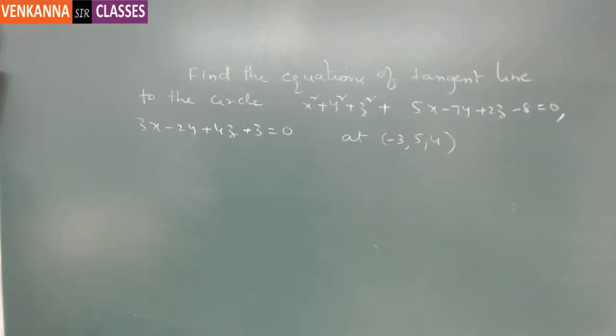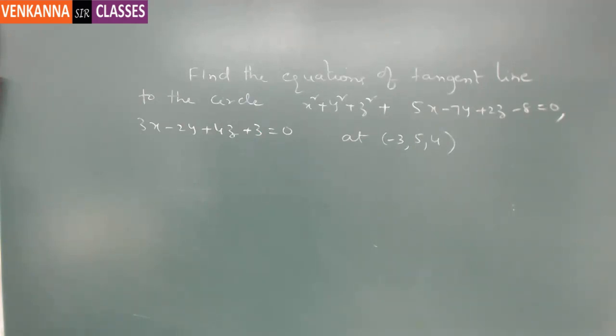Accepted? So here the tangent line is nothing but the intersection of two planes, where one plane is the tangent plane. Are you getting the idea?